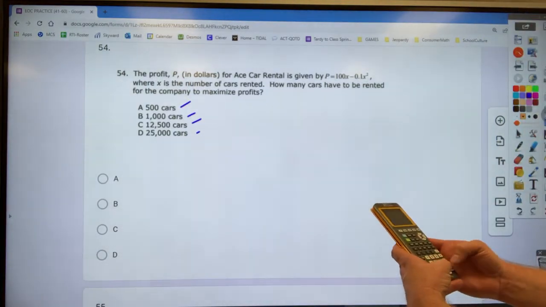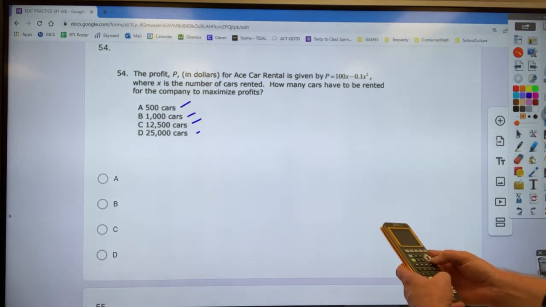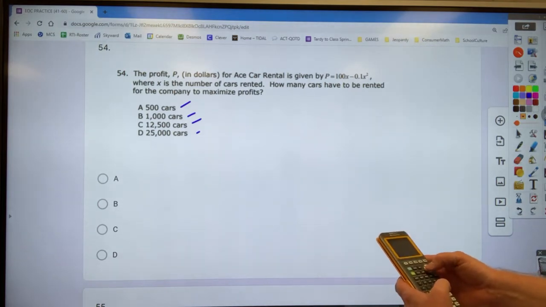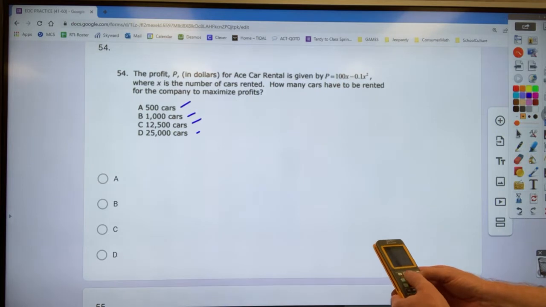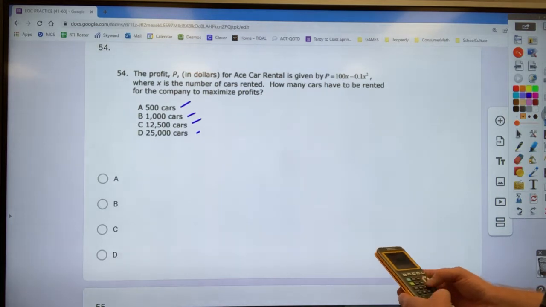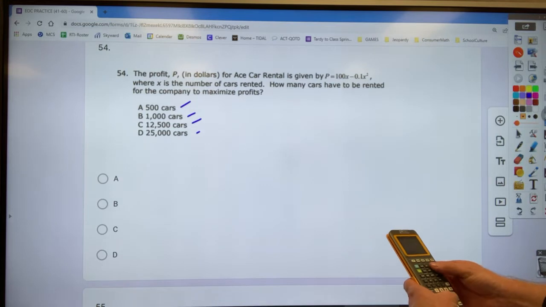We're just going to plug everything in. So 100 times 500 plus, no, it's minus 0.1 times 500. Okay, I see that. I'm going to grab that, change 500 to 1,000. More profit there.